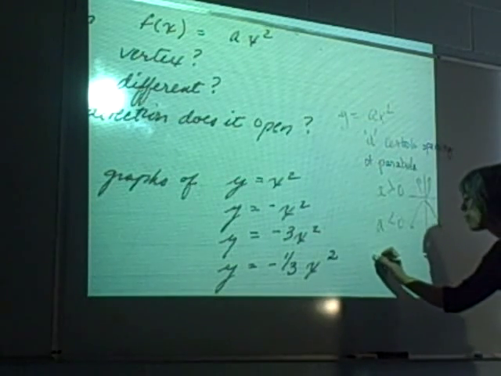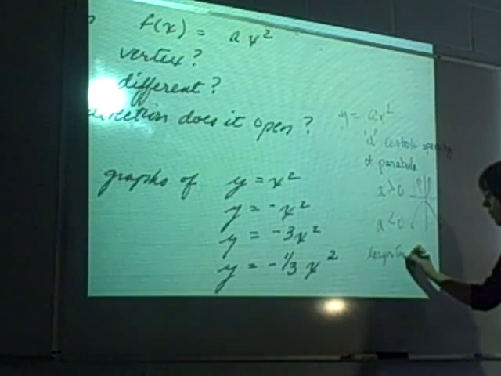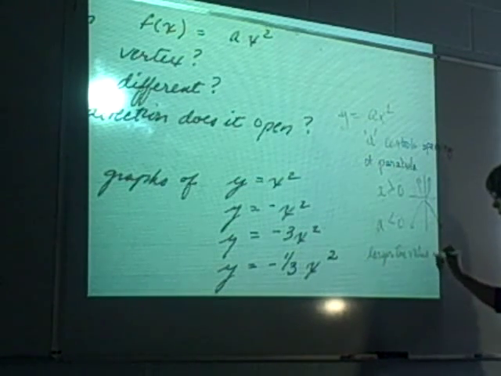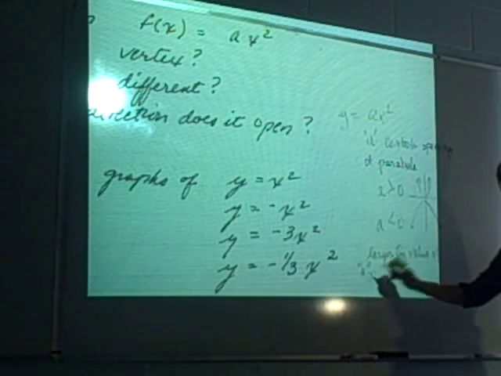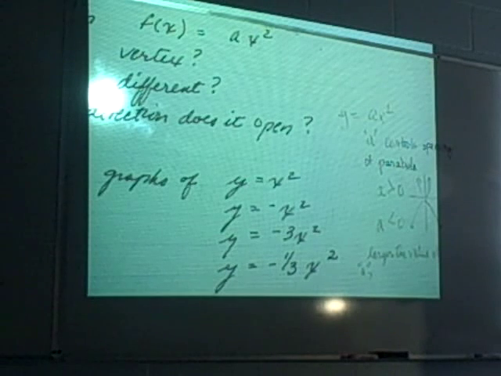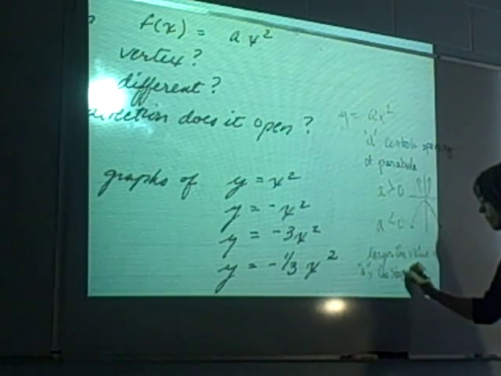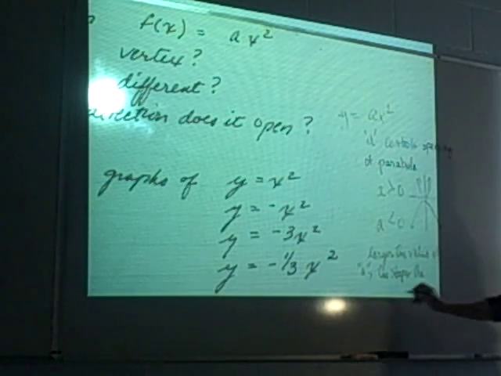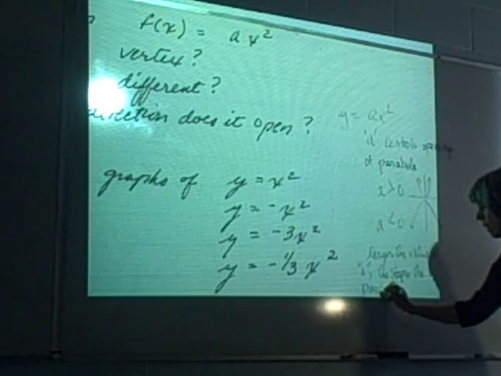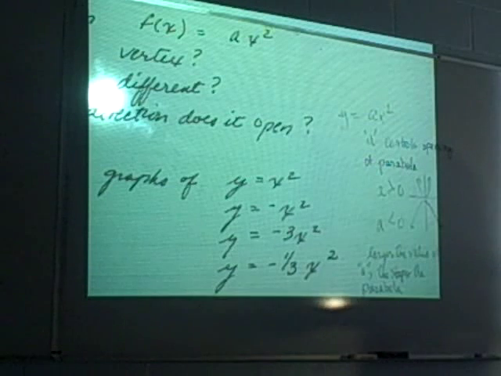And the larger the value of A, what happens? It gets steeper. The steeper the parabola. Now, we don't technically call it slope, okay?